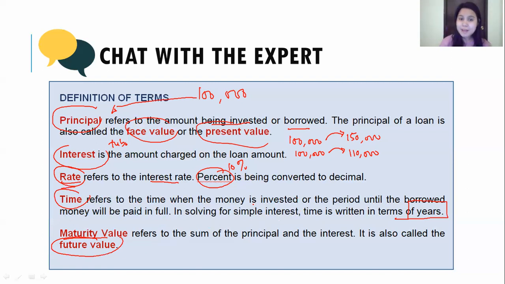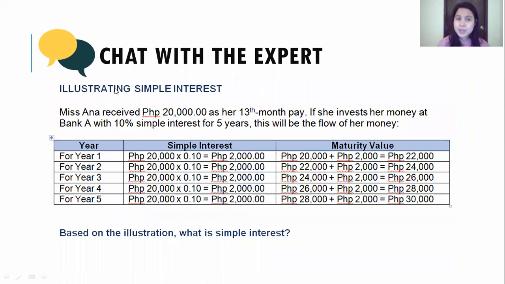The maturity value is the sum of the principal and the interest. So for example, if my capital is 100,000, that's my principal, and the increase, the tubo, is 50,000, then my maturity value will be 150,000.